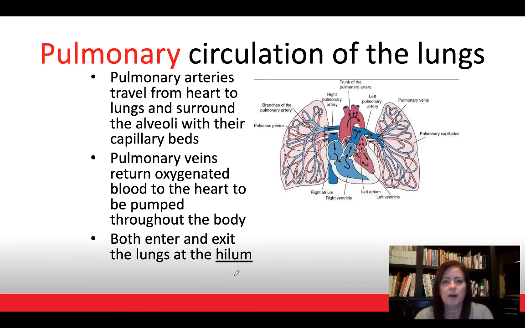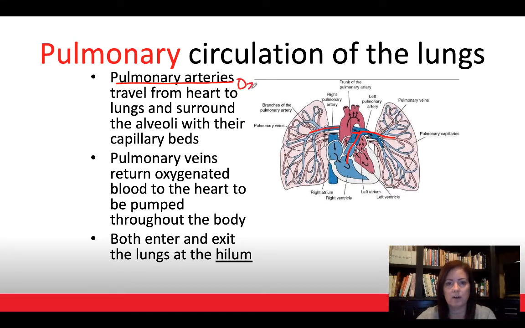In terms of pulmonary circulation to the lungs, this is a review. This is some of the information that you already know from the heart anatomy when we went over that. But we know that we've got pulmonary arteries that are going to travel from the heart to the lungs, right? And pulmonary circulation is different. It's going to be oxygen poor.